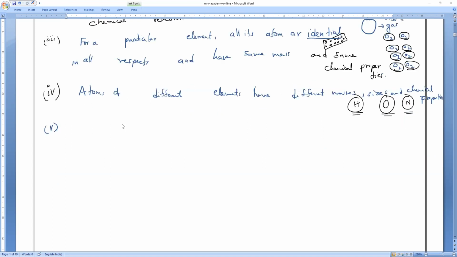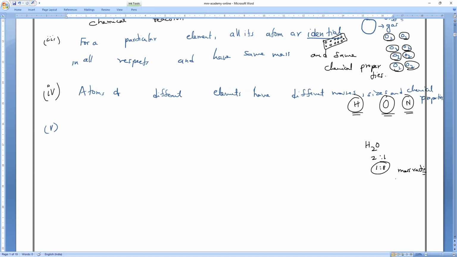So always in a given compound, suppose I take water, the number of hydrogens is 2, the number of oxygens is 1. And what is the mass ratio? We have done it. 1:8. This ratio remains the same, always fixed.